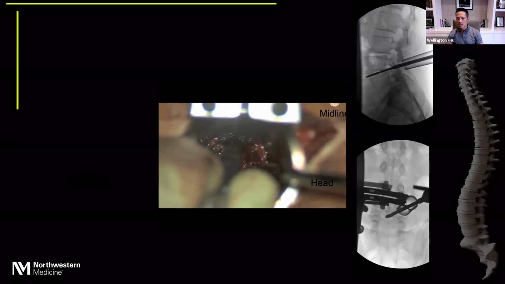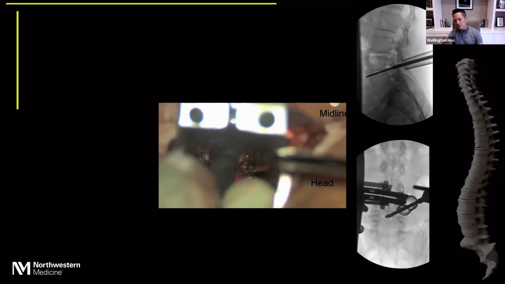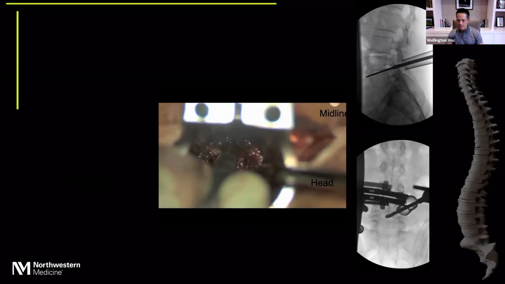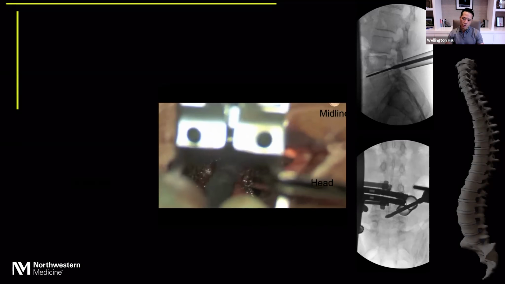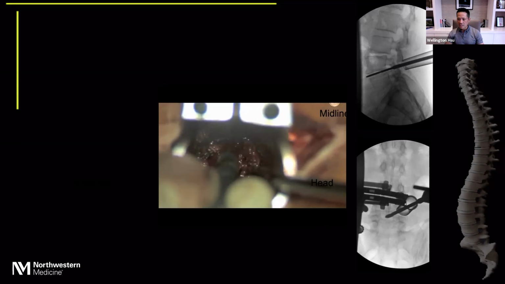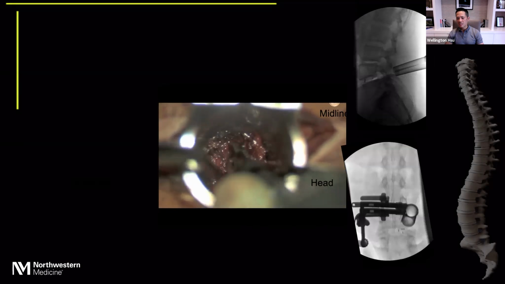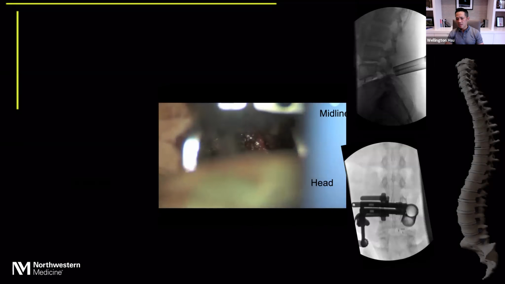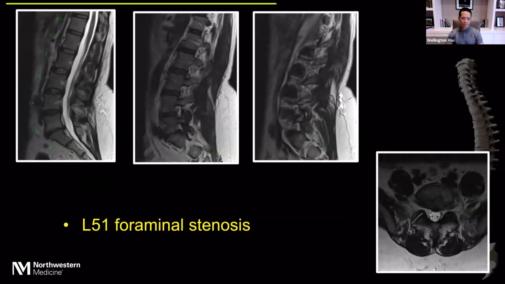You can still use them, but you have to almost measure them in your mind or put a mark on the instrument itself to ensure that you don't go all the way through. But X-ray is very important to make sure that you're in the right space, especially when you're first starting this procedure. It's easy to get lost because you don't have a lot of landmarks.